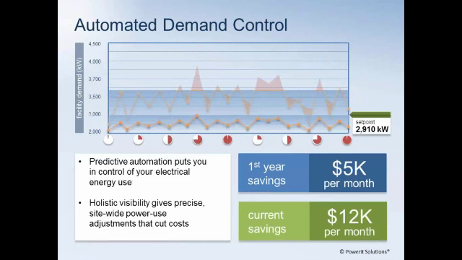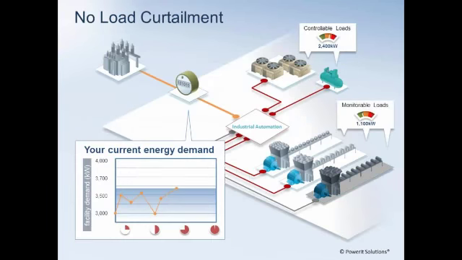In about 4 clocks in, you can see that it peaked at the 2,900 level, and then through the course of the day, things balanced out and smoothed out. It gives a precise, wide use of your power over time without having those great big high interrupting spikes that you pay for. So no load curtailment.